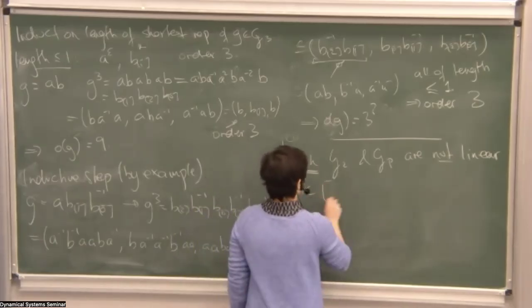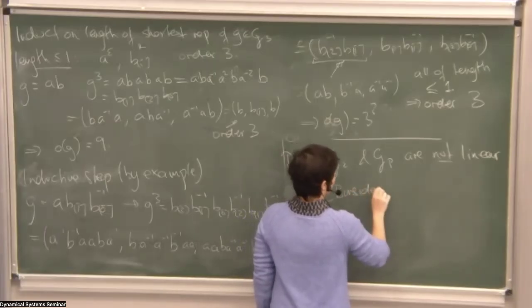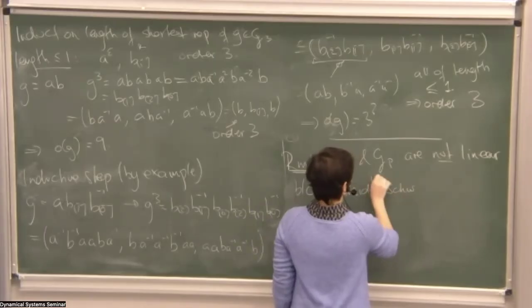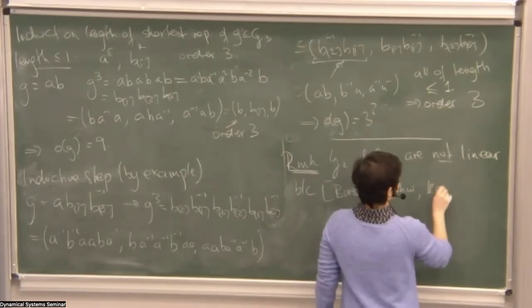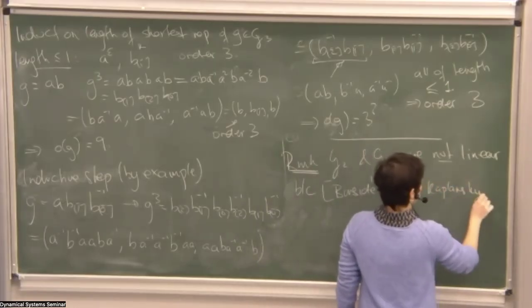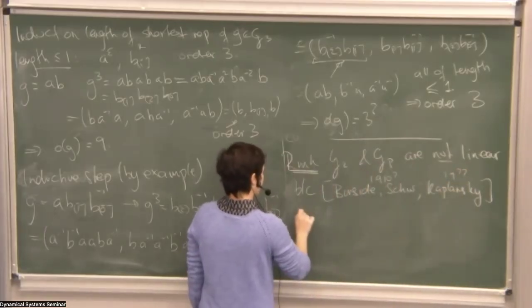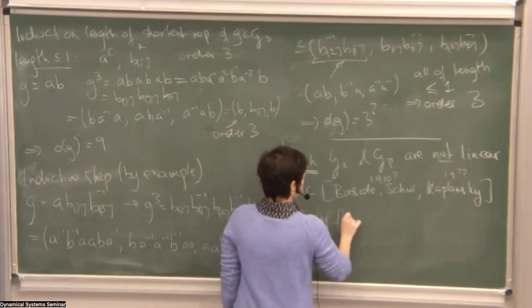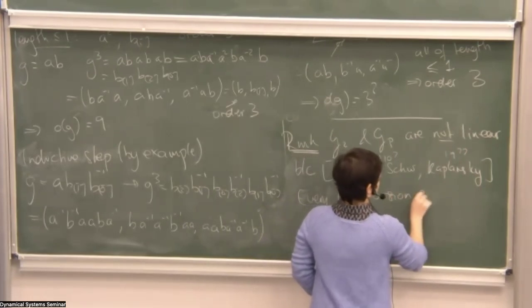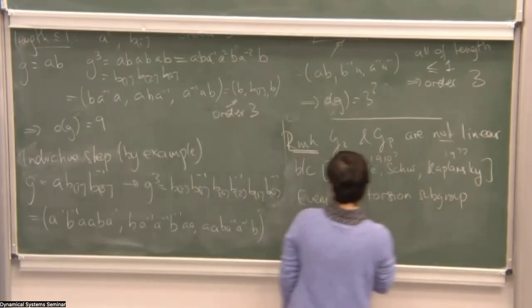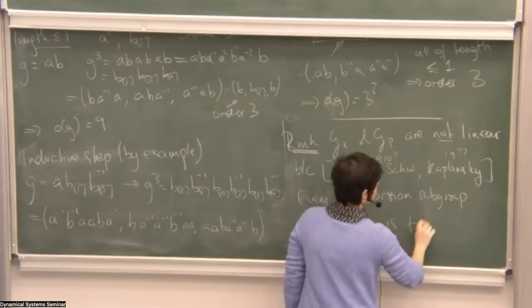Just to say that these two groups are at least not linear because there's a classical result by Burnside, and Schur. This is from, I don't know, I'm going to say 1910, I'm not sure. And then Kaplansky much later, and I don't remember the year of Kaplansky's result, that says that every finitely generated torsion subgroup of GL_n(K) is finite.